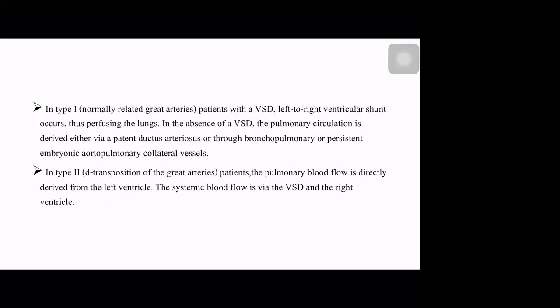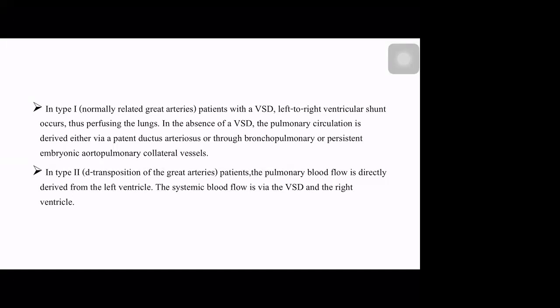In type 1, that is normally related great arteries, patients with a VSD, left to right ventricular shunt occurs, thus perfusing the lungs. There is no problem in lung perfusion. But in absence of the VSD, the pulmonary circulation is derived either via PDA or through bronchopulmonary or aortopulmonary collateral vessels.